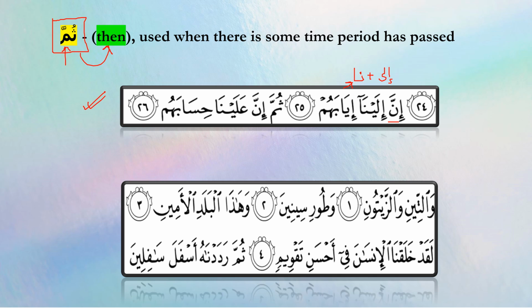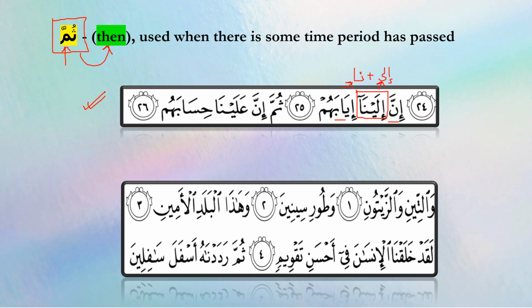Sometimes, rarely, in some surahs, you will find another pronoun for 'I' being used for Allah. But here, ilayna becomes the structure when it is joined with the pronoun. The alif makhsura is changed to ya, and we get ilayna, meaning towards whom? Towards Allah subhanahu wa ta'ala.